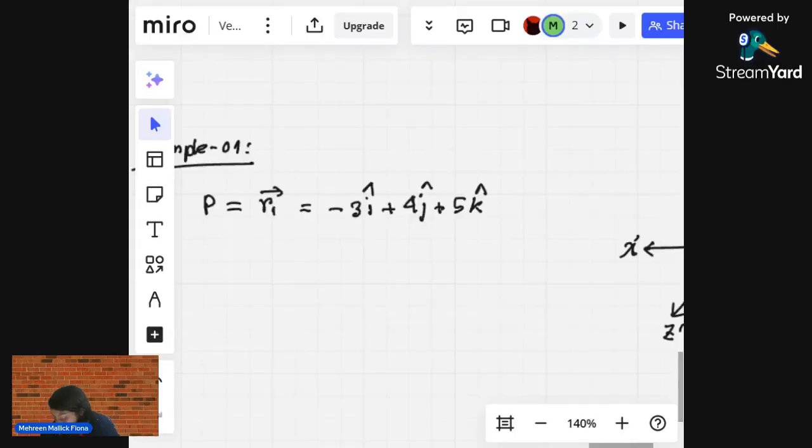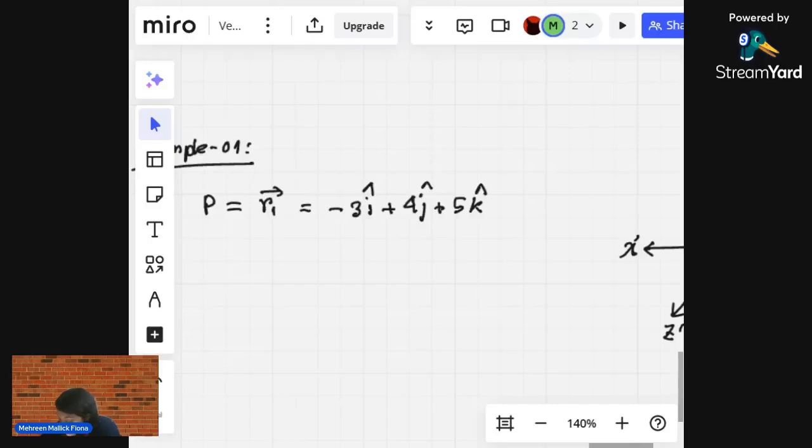Now I want to plot this: minus 3i, sorry, minus 3i. Minus 3i would be something like here. And the other one, 4j, in the positive direction, would look like this. This one is 4, this one is minus 3.